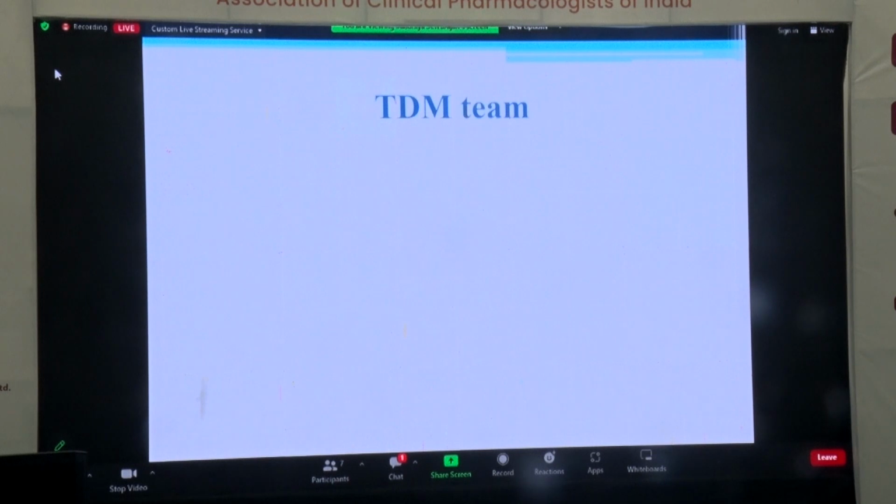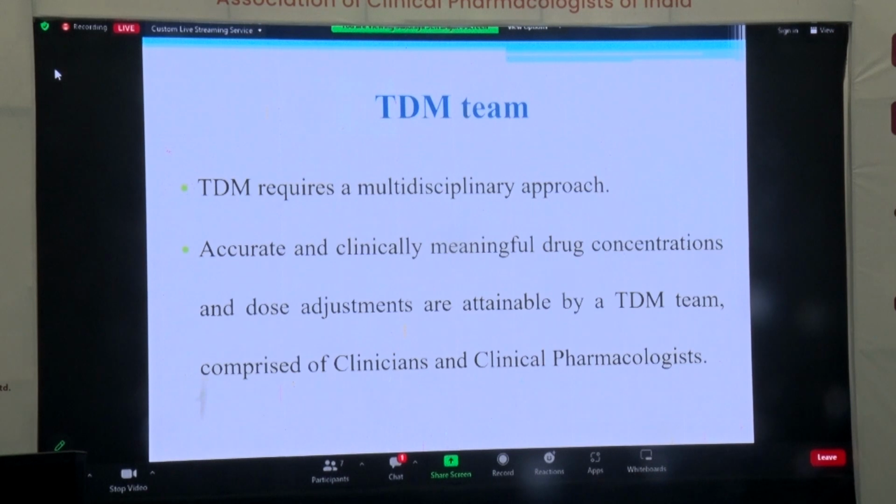So who all should be involved in doing TDM? TDM cannot be done by a single person. It has to be a team. If TDM should be really useful in patient care for taking a decision on changing the dose to the appropriate required dose, then it needs to be a multidisciplinary approach between the clinicians, clinical pharmacologists, as well as the technicians and nurses who are all involved in collecting blood samples, processing the blood sample, reporting to the patients.